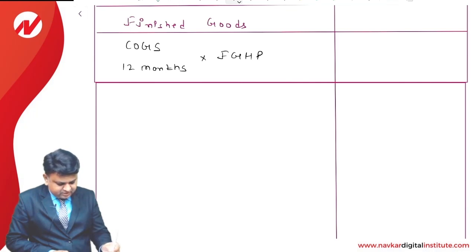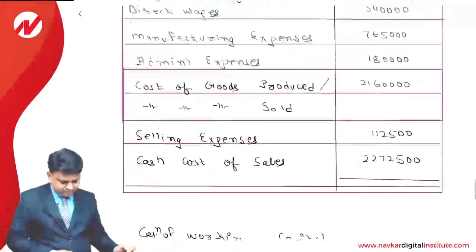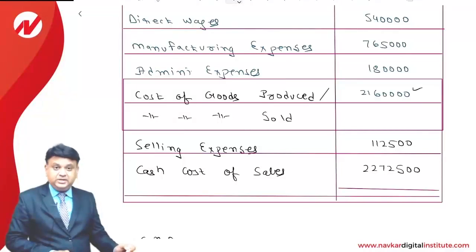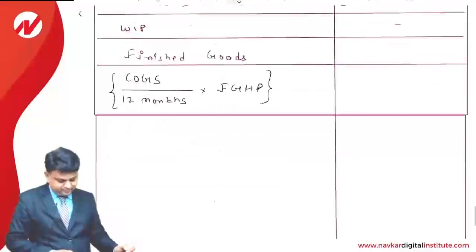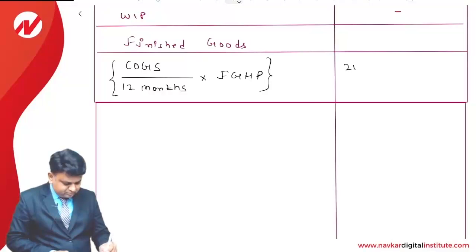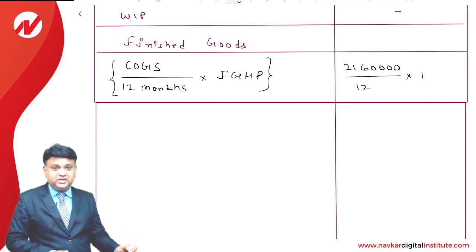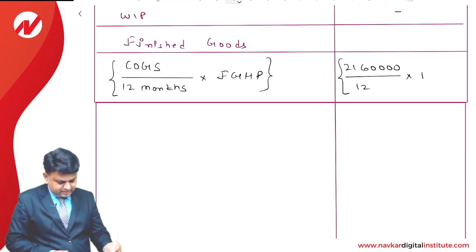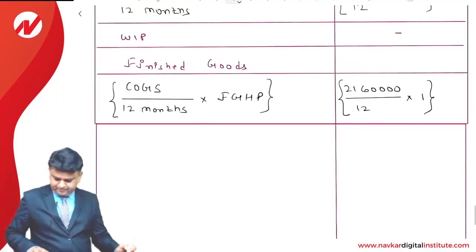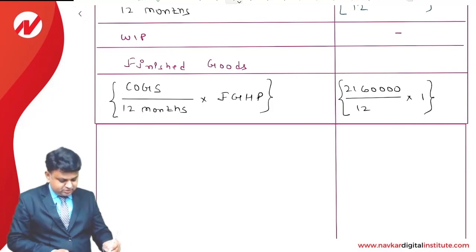That is the way it is calculated. COGS is 21,60,000 divided by 12 months into finished goods holding period, which is once again 1 month. So the finished goods is 1,80,000.